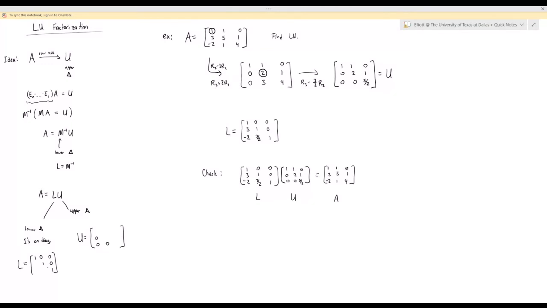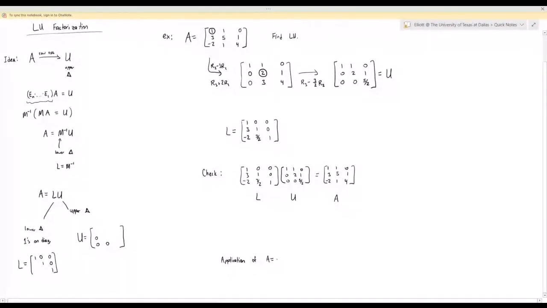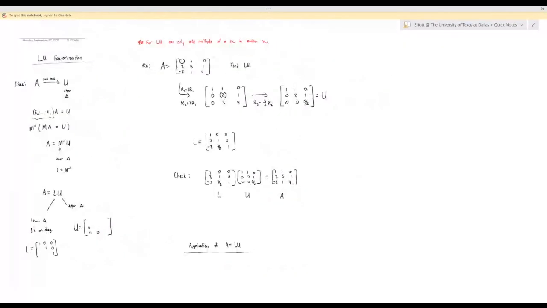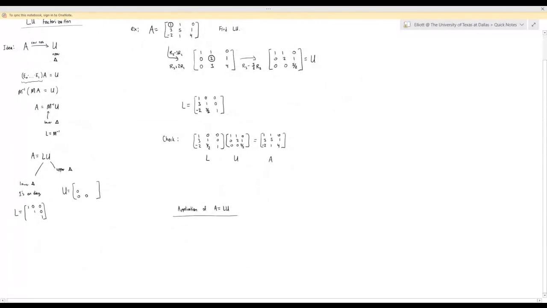So now let's maybe talk about one of the applications of that. One of the applications comes in solving a system of equations.